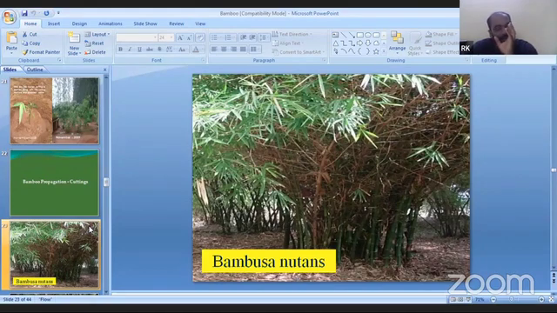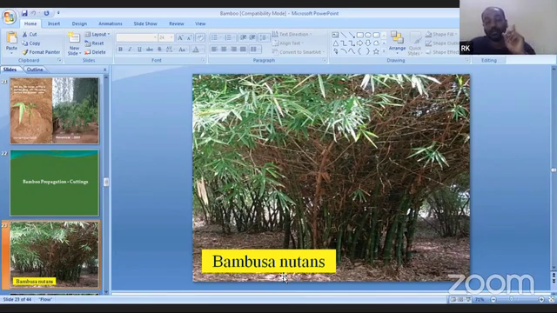It is a scientific technology. Bambusa newton, I selected this as the mother plant for this trial. When we select the mother plant, we want more number of clumps, so 100, 200. That is the selection operation. Why? When we select more clumps, then our planting also is like that.